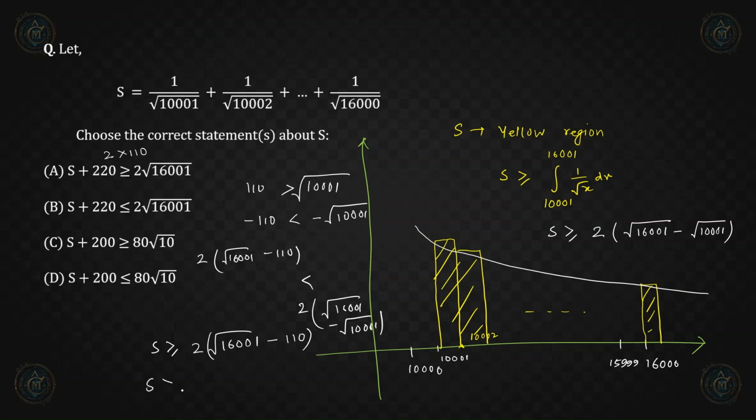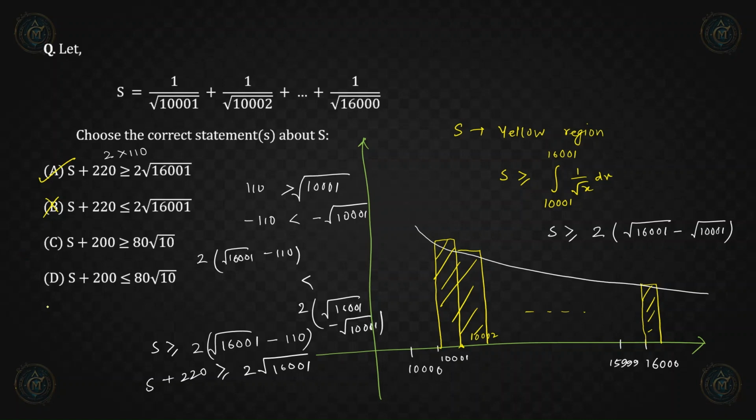So this we can write as S plus 220 greater than or equal to 2 under root 16,001. So that means option A is correct, option B is wrong. So we have to check options C and D also. So let us check.